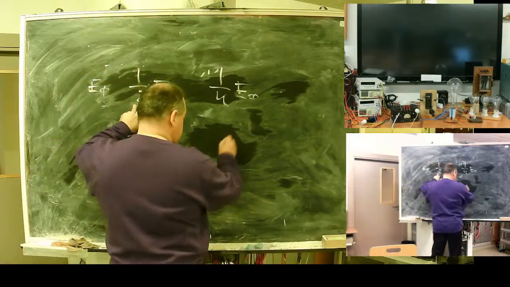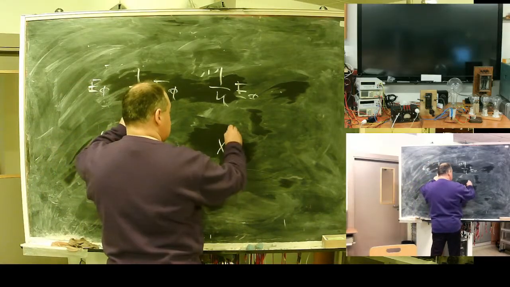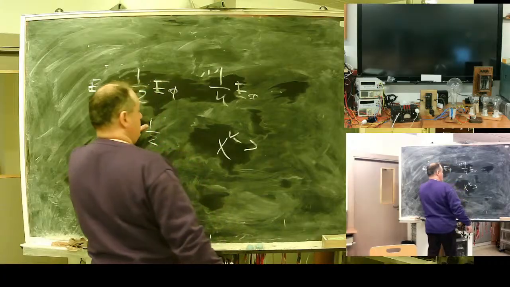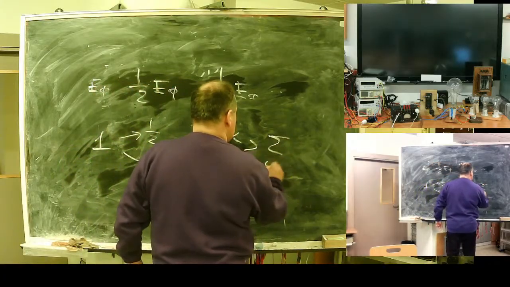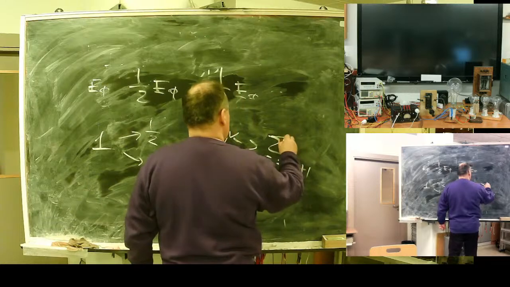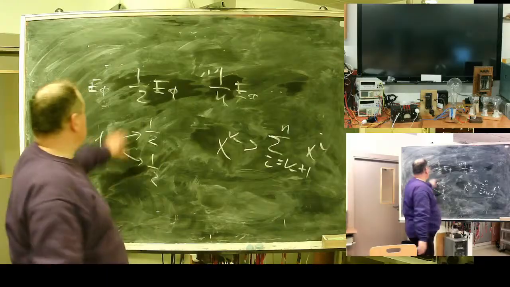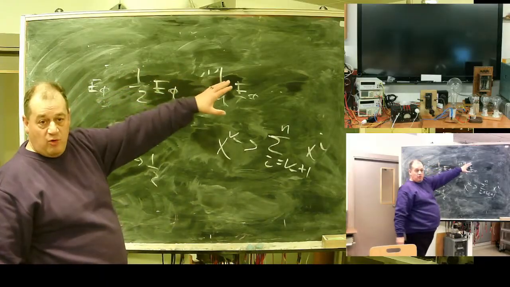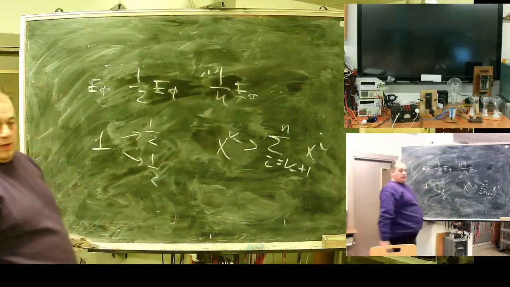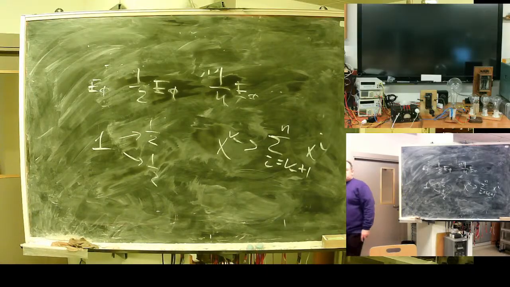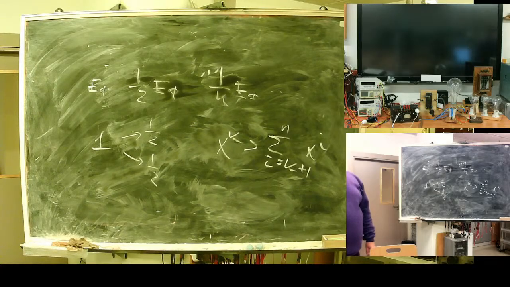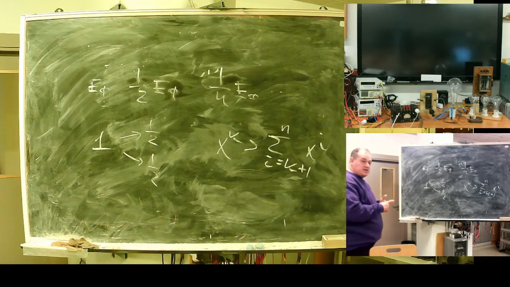Always x_k will be greater than the sum of the later ones. Each element is greater than the sum of all the others. So, we need a special kind of register. It's called a successive approximation register.